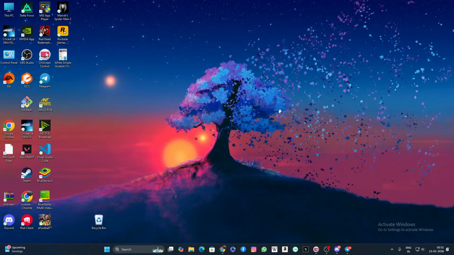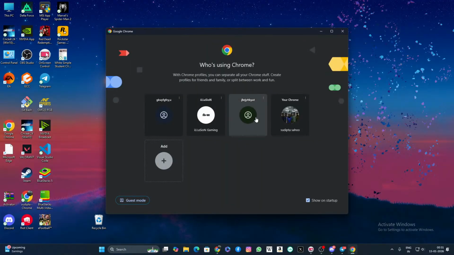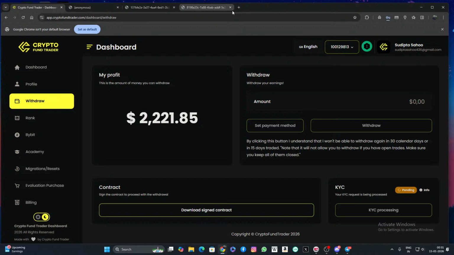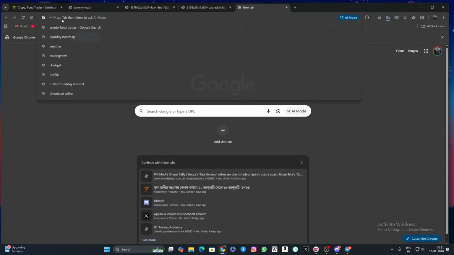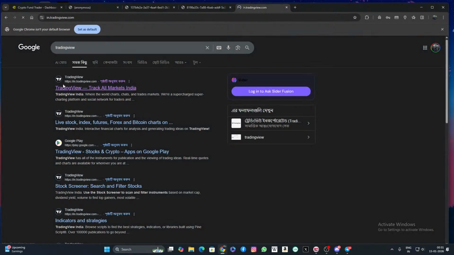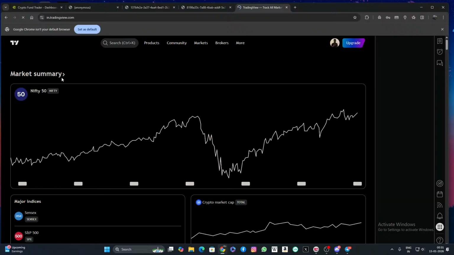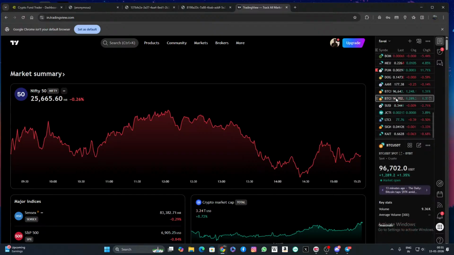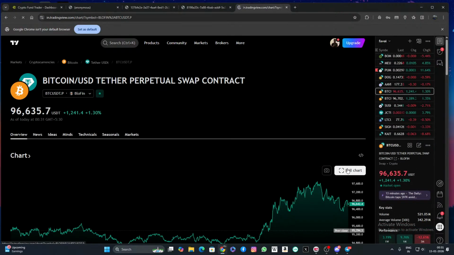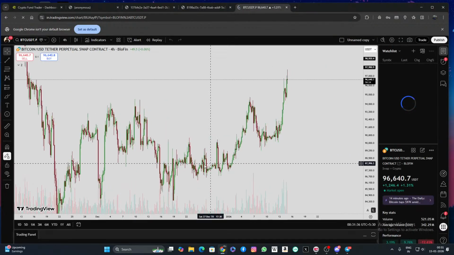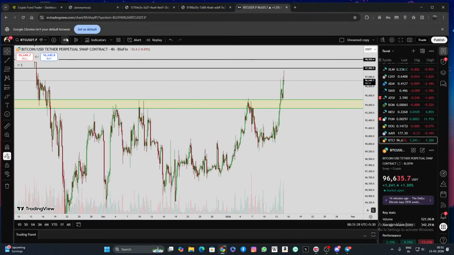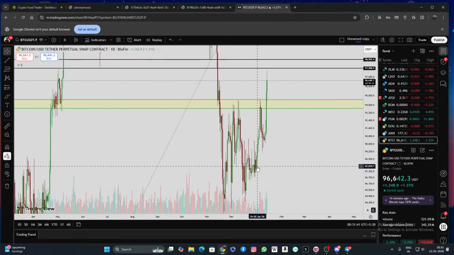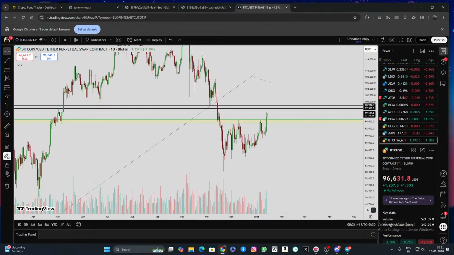So hello guys, in our previous class we discussed the trend lines and all. So in today's class we'll take it further. In the previous class I discussed support, resistance and the trend line concept.